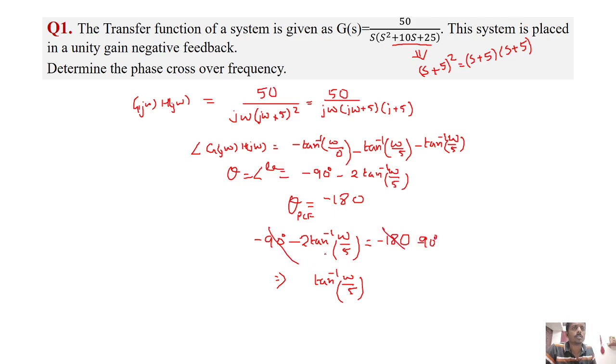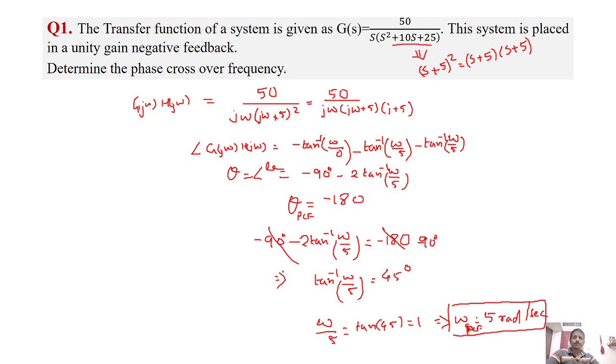So if I just rearrange, so by 2 means 45, so this will be equal to 45 degree. So omega by 5 equal to tan 45, this will be equal to 1. So what is the frequency? Omega equal to 5 radians per second. So this is the phase crossover frequency. Okay, so this is the solution.